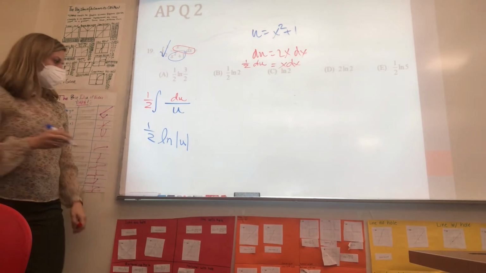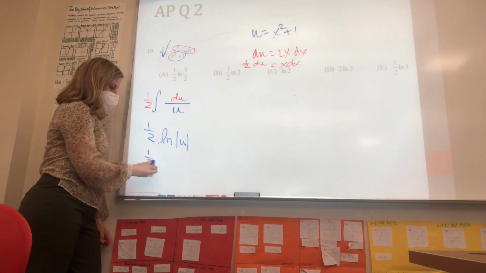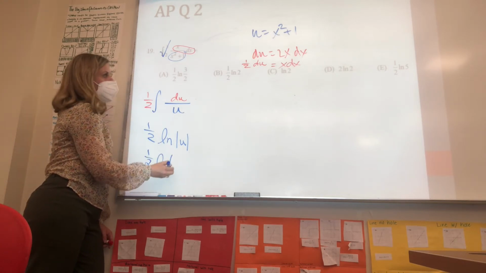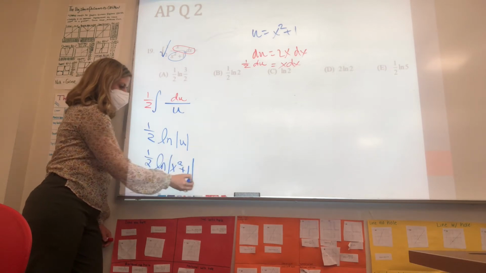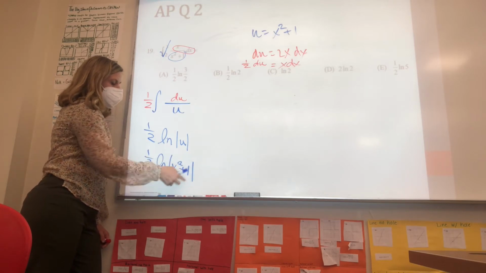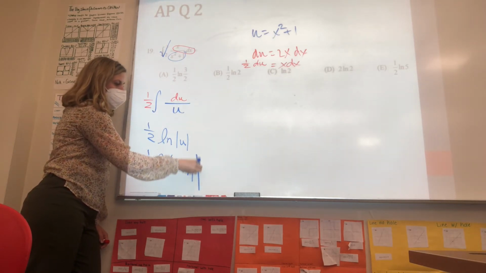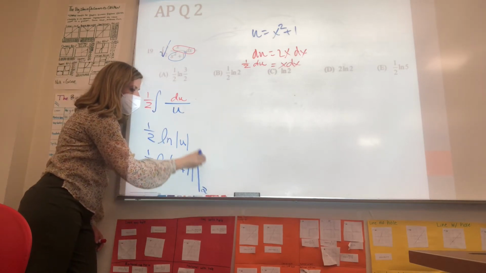Now I'm going to put my x's back in: 1/2 ln of x squared plus 1. This is an absolute value sign, but I do the vertical line to keep track of my limits of integration, which I'm bringing back from 2 to 3.